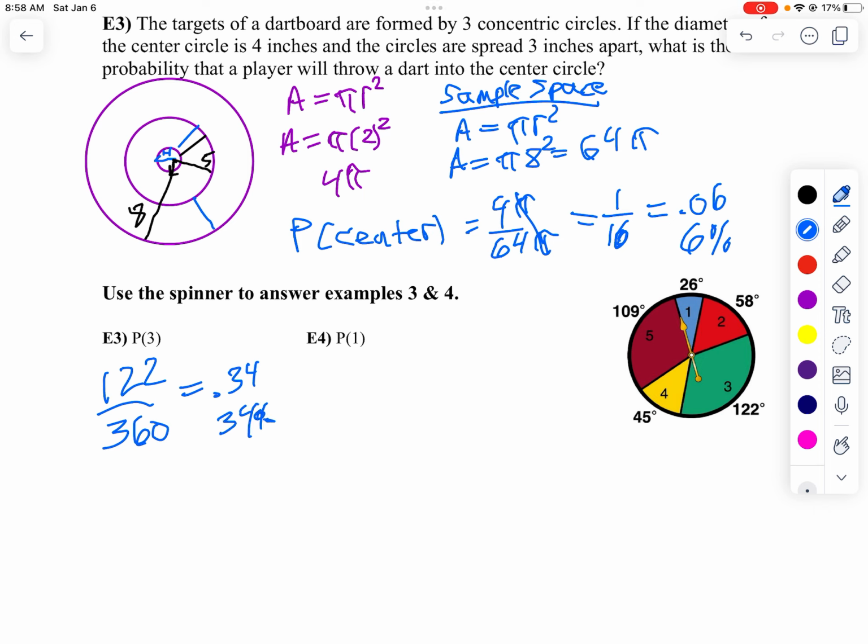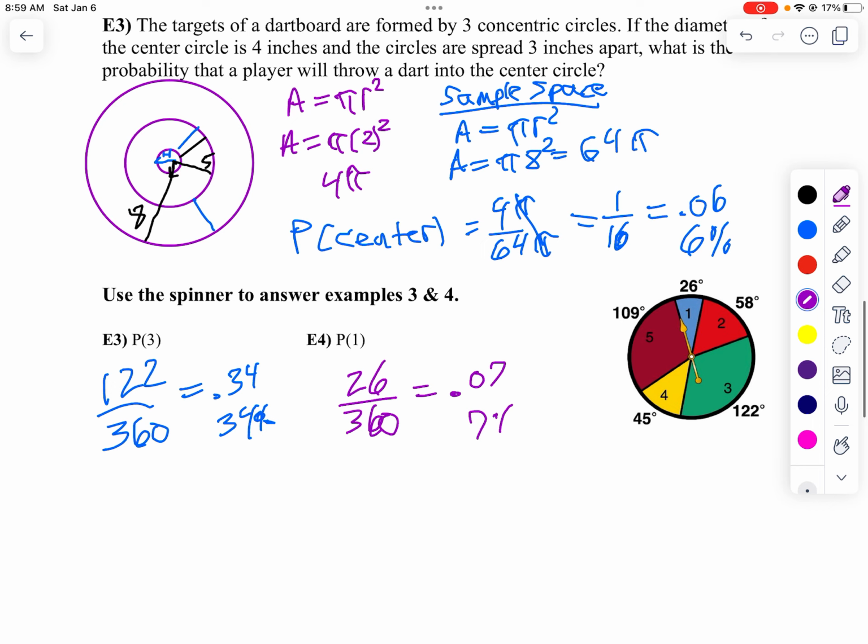And then if I look at region 1, well, region 1 is 26 degrees. Probably don't even need to do a region 1. I won't do that in class most likely. So it's 26 out of 360. And if we take 26 divided by 360, we get about 7%. 0.07 or 7% on our calculator.